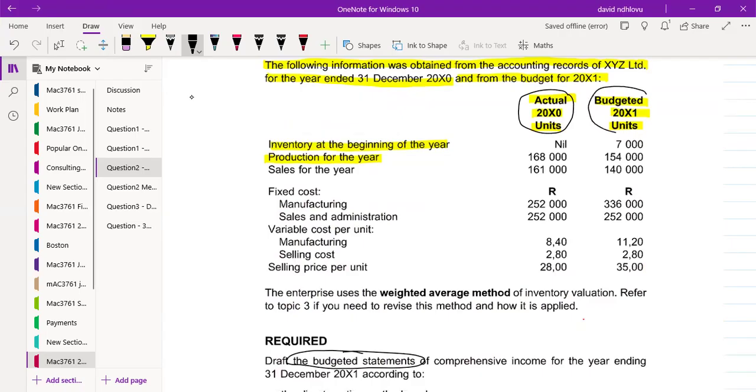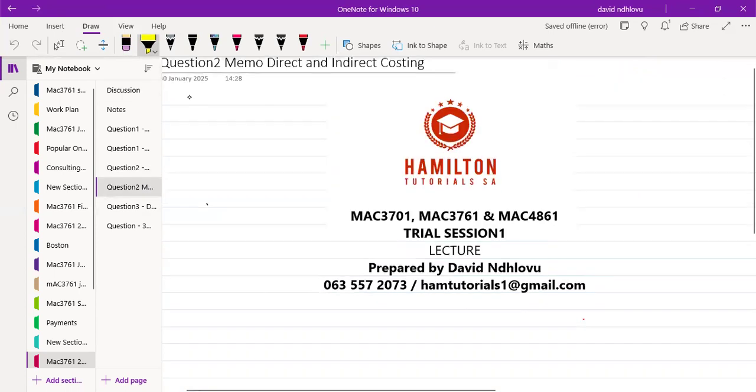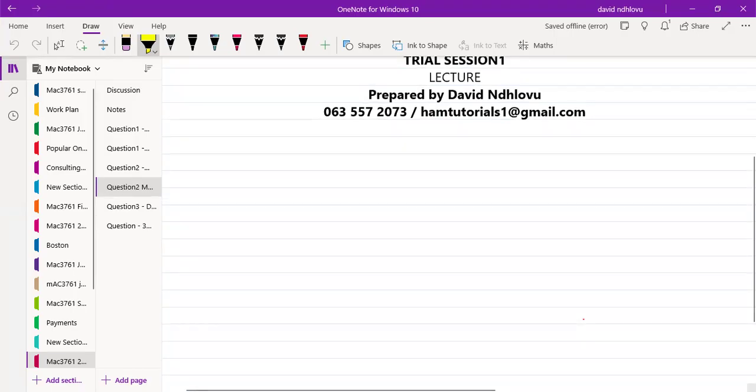This is the budgeted information. We can create an actual statement, or we can create a budgeted statement. So it is important that before you answer the question, you check exactly which statement you are compiling so that you don't do the opposite. Here on number A, we're going to be creating a budgeted statement.